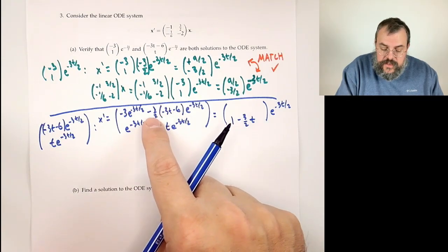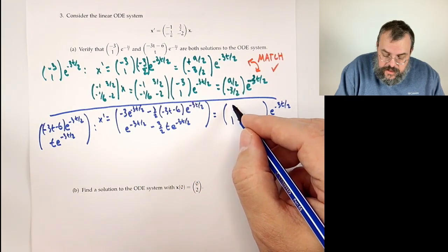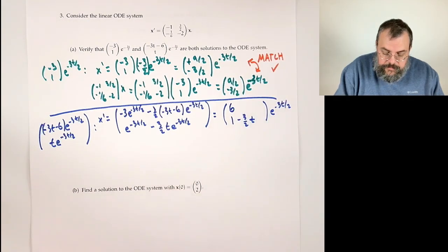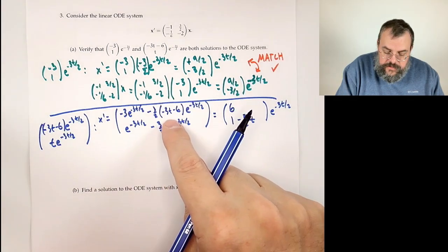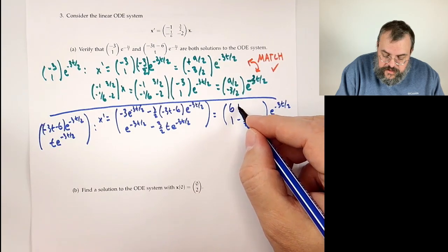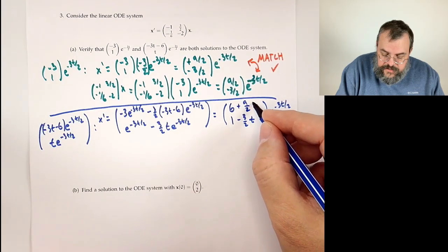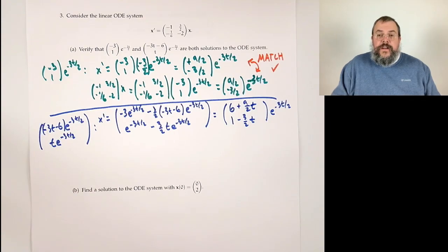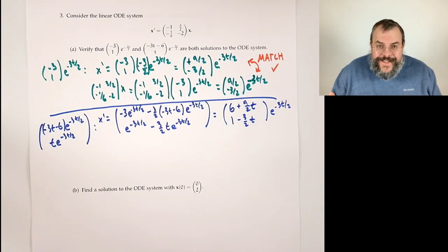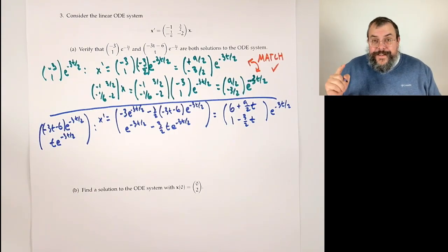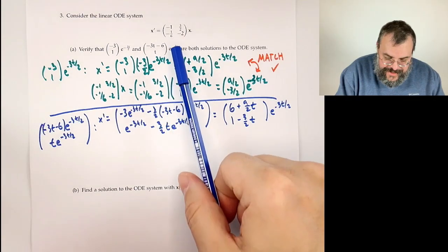So plus 9 minus 3 combines to give us 6. And then we have plus 9/2 t. All right, good. Now, on to the other part.